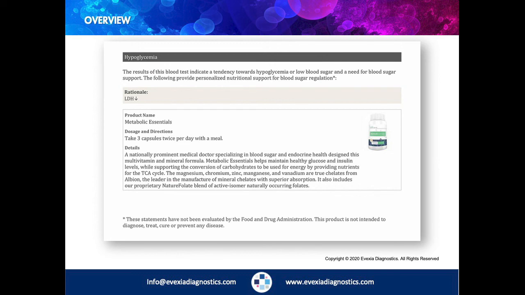So here you see suspected hypoglycemia, which I talked about on the previous slide, and the rationale was a decrease in lactic dehydrogenase, which is associated with reactive hypoglycemia. And here you see the nutraceutical recommendation. This one in particular is called Metabolic Essentials, with the dosage, the directions, and the details.